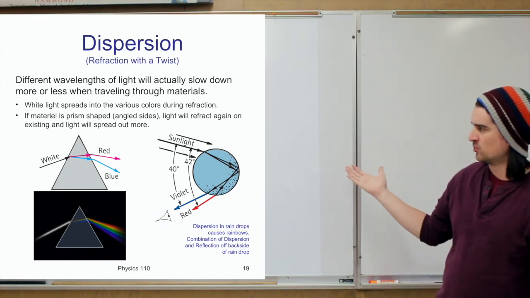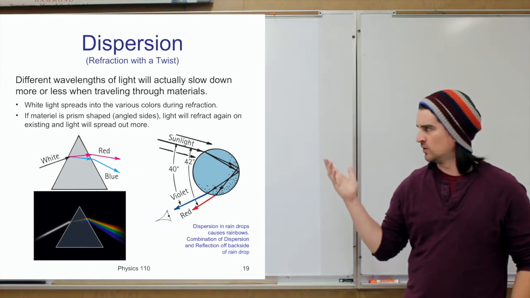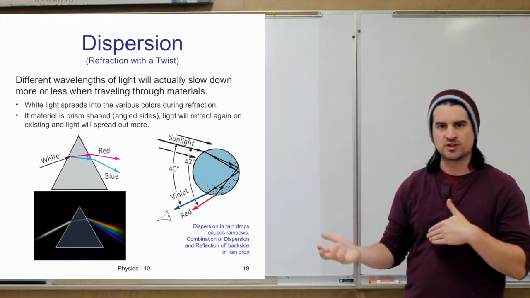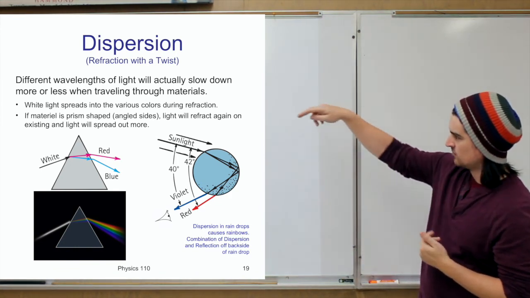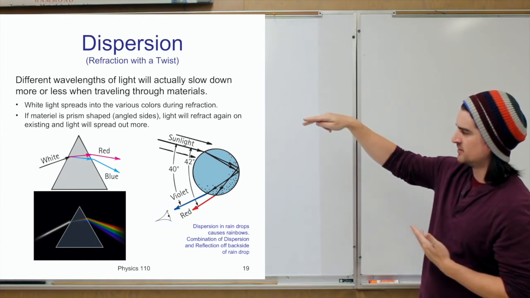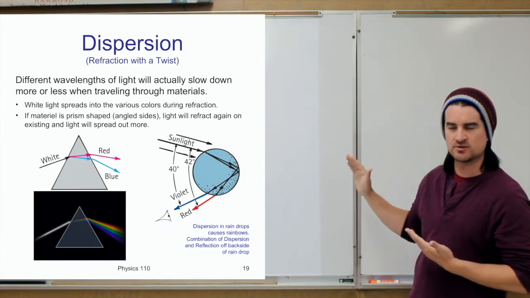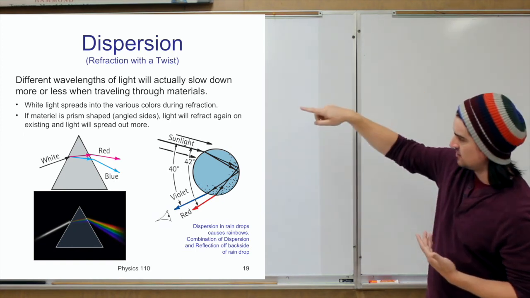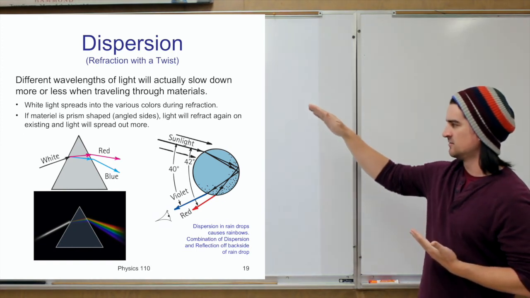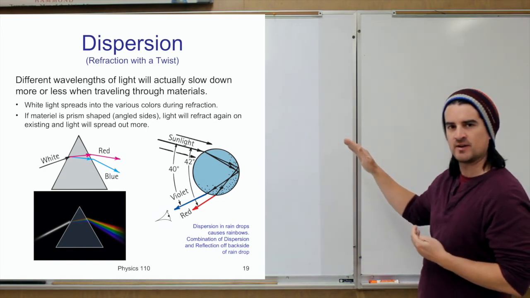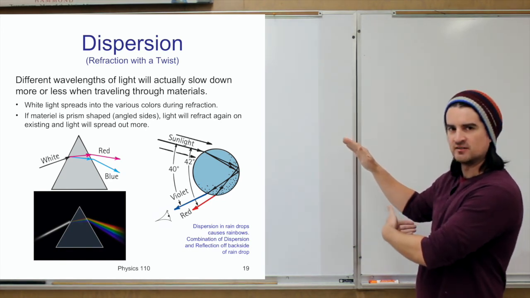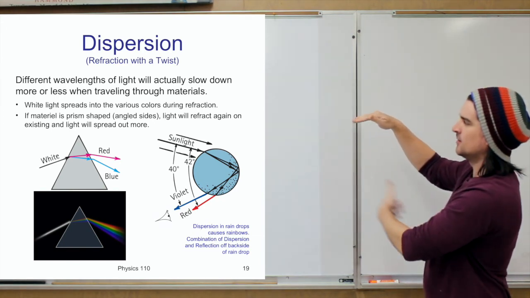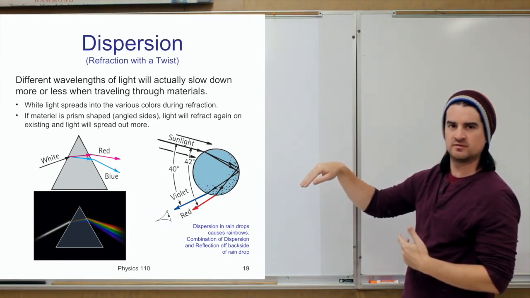And this is a nice example where, like I was telling you earlier, light or waves won't just reflect or just refract. In this case, when that sunlight first comes into the raindrop, not all of it is actually refracting into it. Some of it is just bouncing or reflecting off. And the light that does refract in is going to hit the back of the raindrop, and some of it is going to refract again and keep moving outside of the raindrop, but some of it reflects.